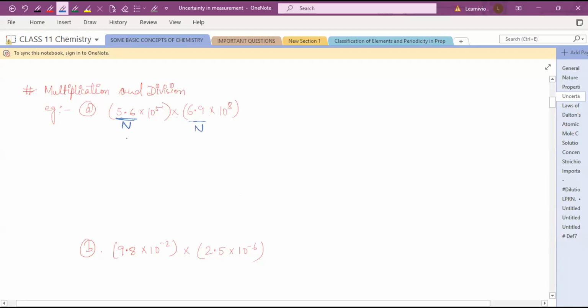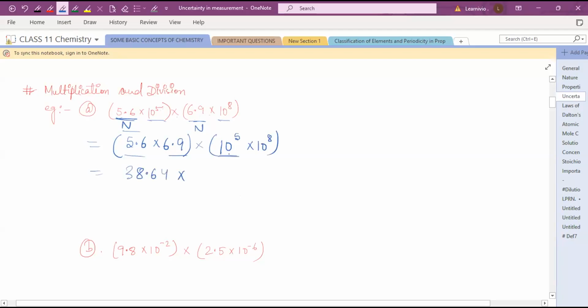So we are supposed to write both the n terms separately, because these are in multiplication: 5.6 into 6.9. Now the exponential powers we will write individually, 10 raised to the power... I'll just multiply these two terms. So I think it will be 38.64 into.